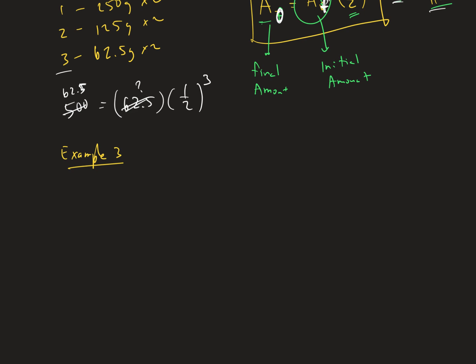So if we start with 500 grams, and we end with 62.5 grams, we know those values. And we know the half-life is still 28.8 years. We want to know how much time has passed.